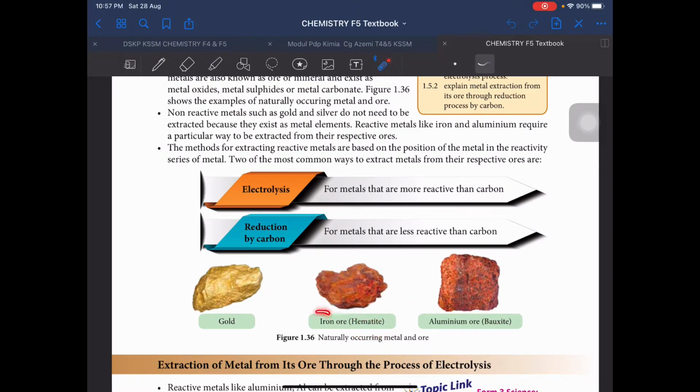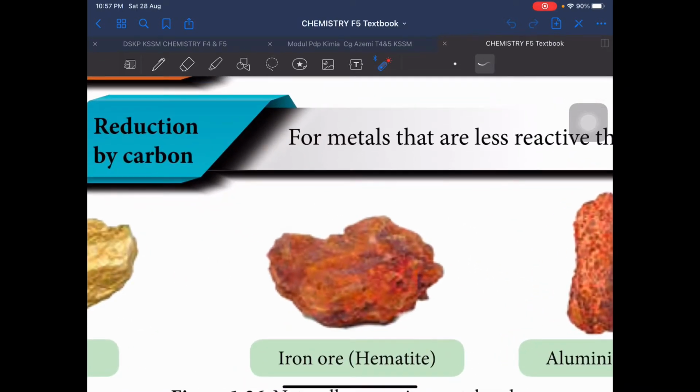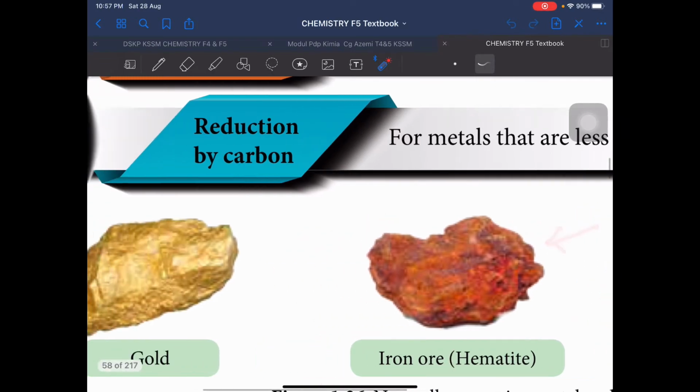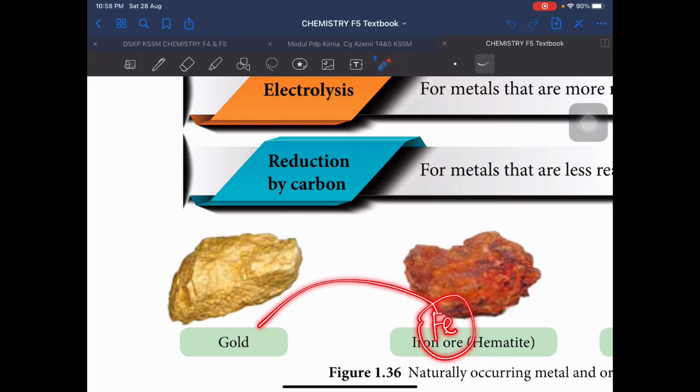So iron iaitu ferrum ataupun besi. Besi yang buat kereta, kita punya tingkap kan, besi-besi tingkap itu semua sebenarnya berasal dari ini, daripada ore, bijinya. Tidak akan wujud besi secara bersendirian macam gold. No, because besi ataupun Fe is more reactive than gold.